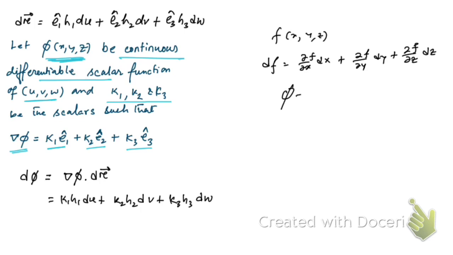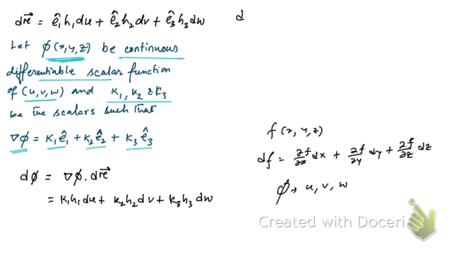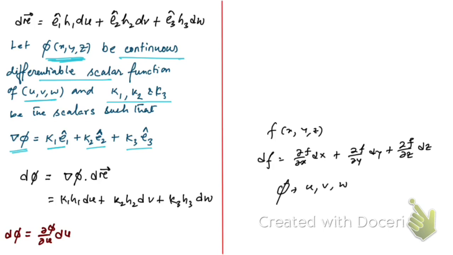Similarly, if phi is a function of u, v and w, we can write d phi is equal to del u of phi du plus del v of phi dv plus del w of phi dw. We can write this way. Now you see this is also d phi.